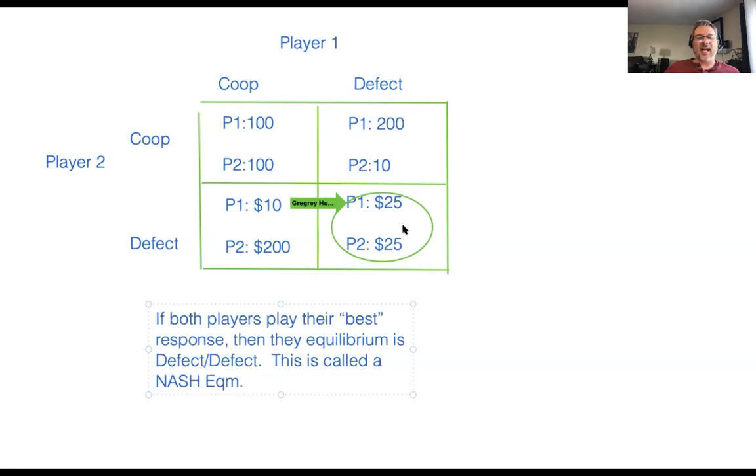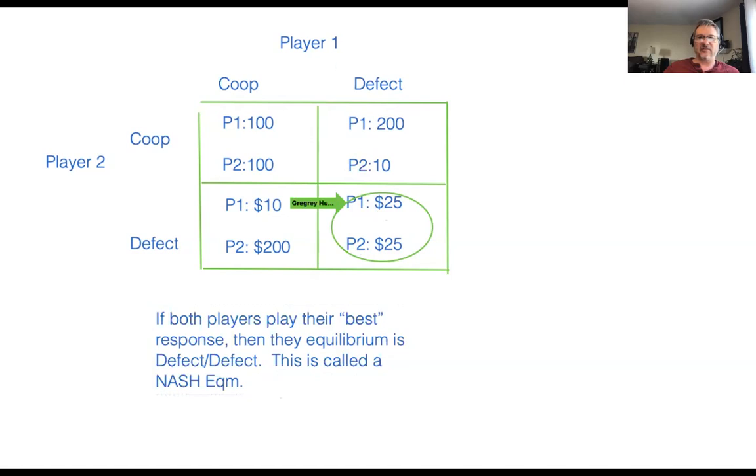Okay. And it's also an equilibrium because no player has an incentive to deviate. Deviate means like switch strategies. So given that I'm playing defect and you're playing defect, I would never switch to cooperation, because if I did, then my payoff would go down.